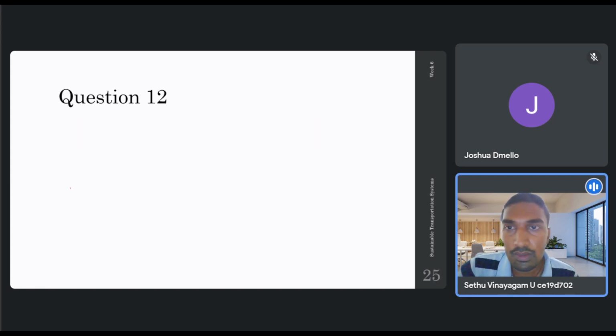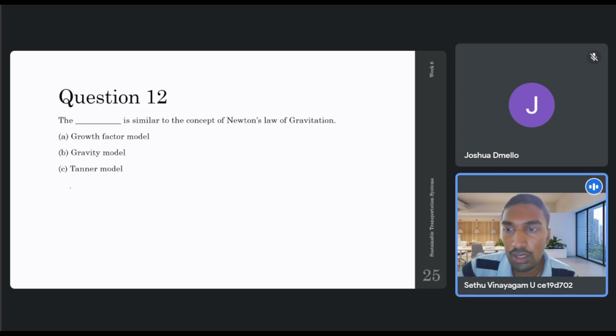Okay, question number 12: the dash is similar to the concept of Newton's law of gravitation. Option A is a growth factor model. Option B is a gravity model. Option C, Tanner model, and option D is none of these.